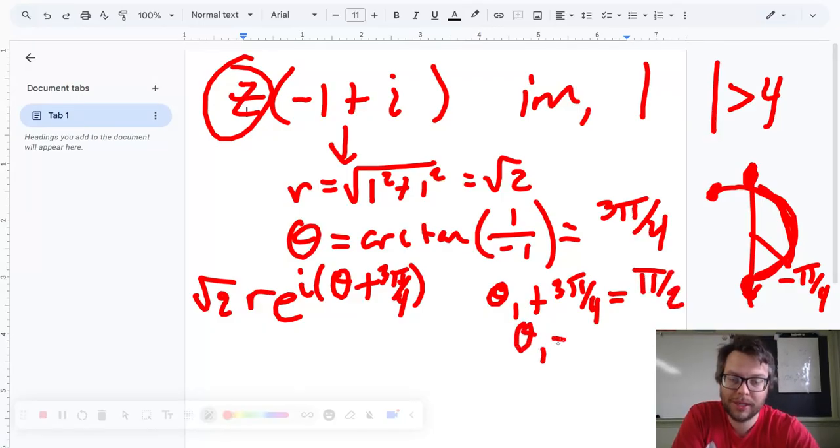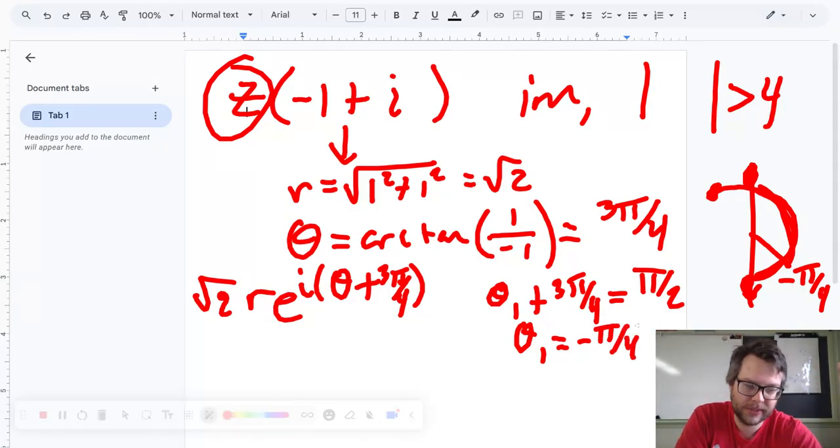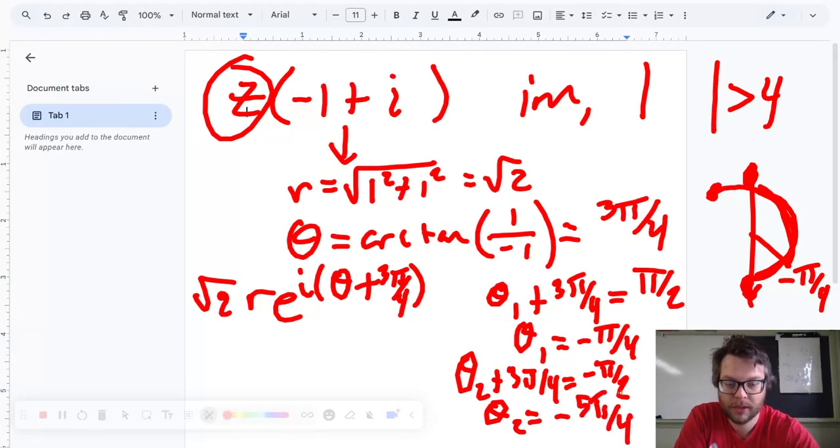So theta 1 is, I guess, negative pi over 4, plus 2 pi or plus 4 pi or minus 16 pi. Theta 2 plus 3 pi over 4 is negative pi over 2 or 3 pi over 2. Either one's fine. So I get theta 2 is negative 5 pi over 4.